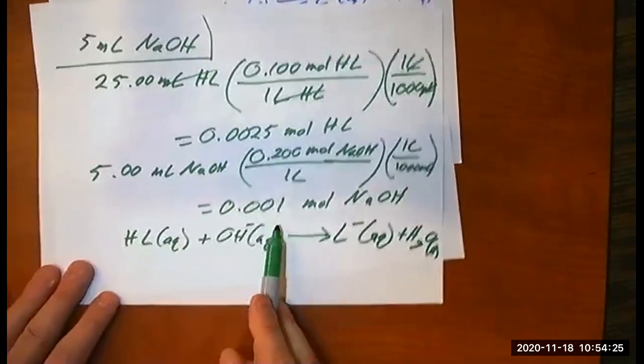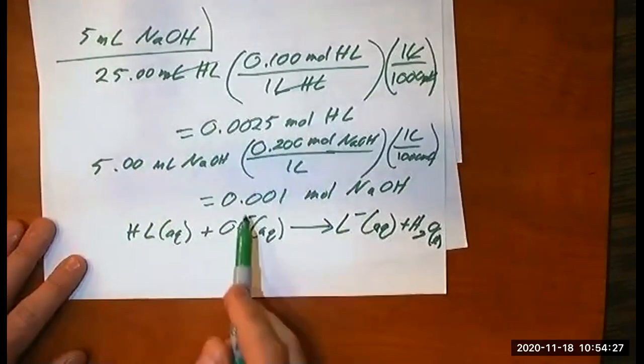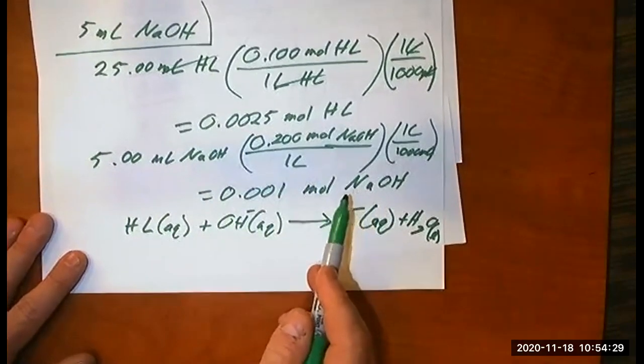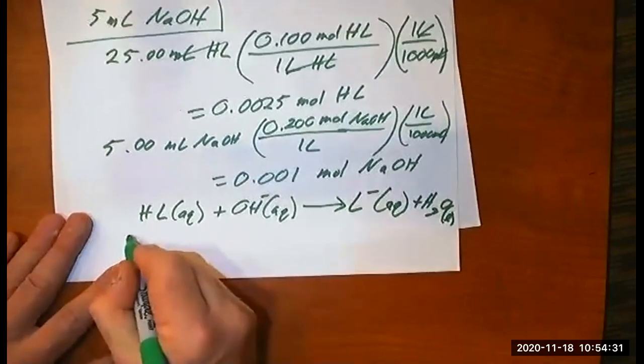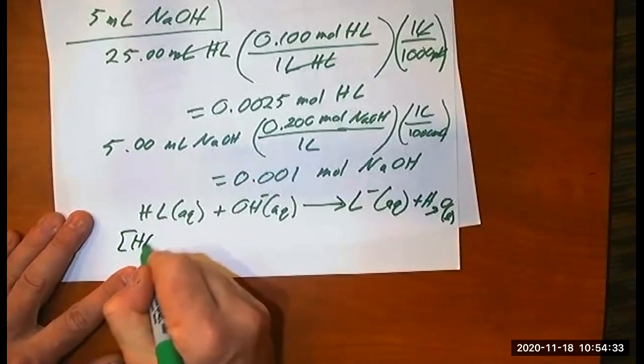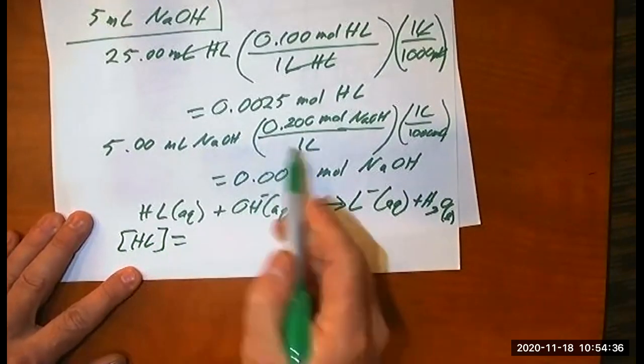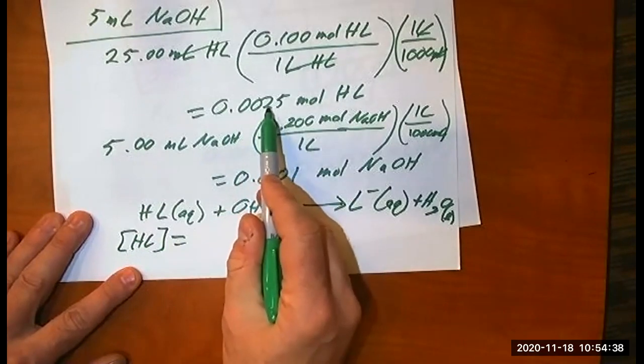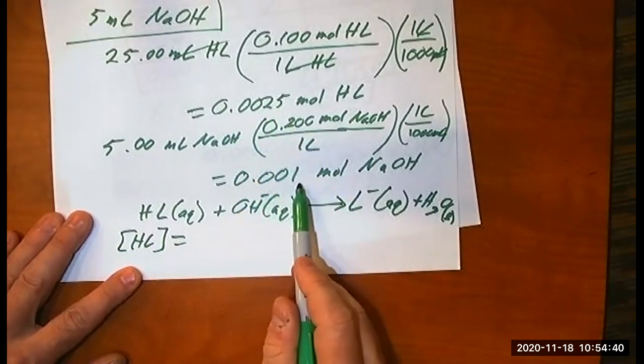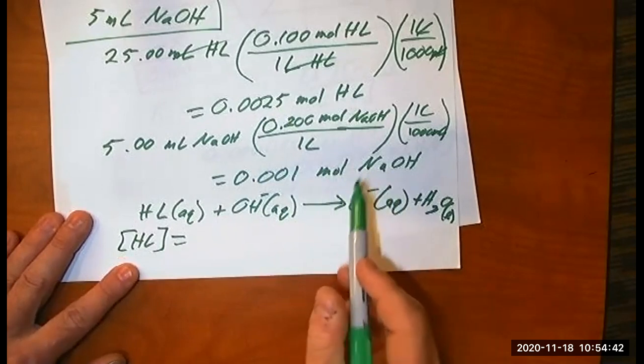So what that means is that after the addition of the sodium hydroxide, our amount of HL is going to be 0.0025 minus 0.001, because this is how much of it has reacted away.